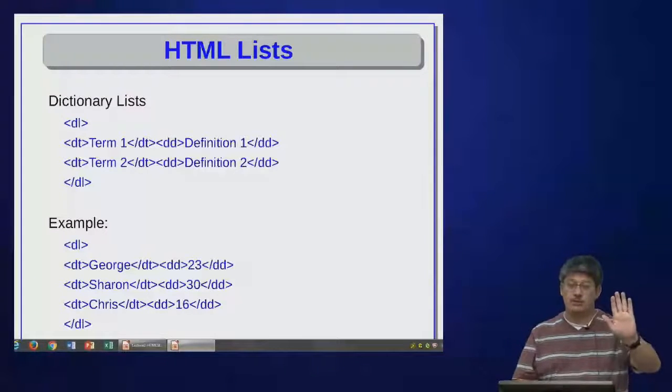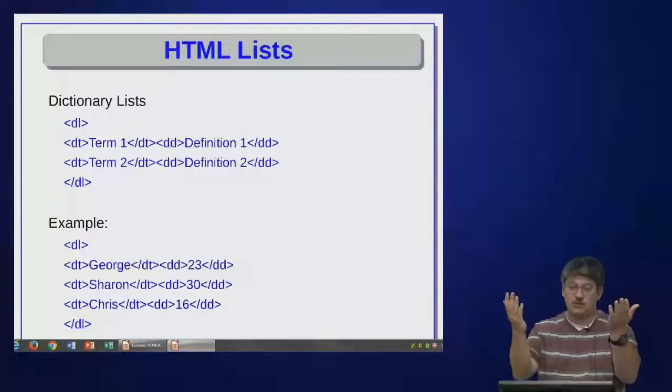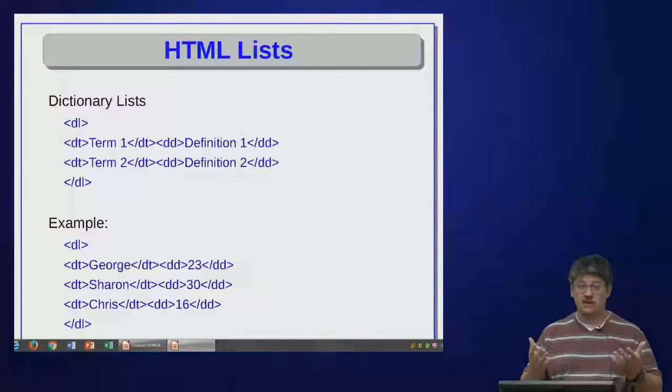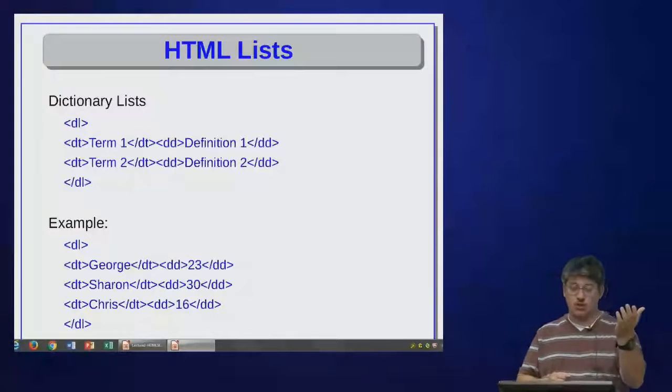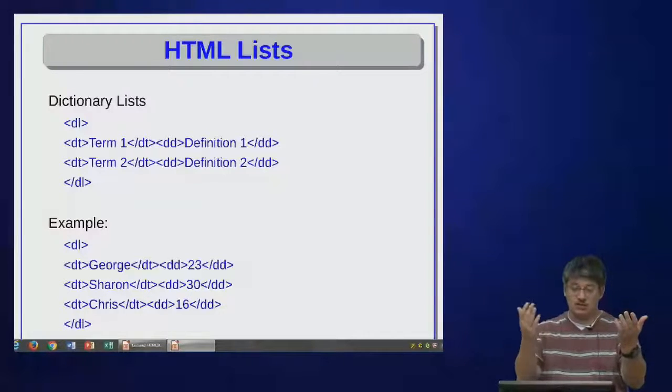So we have a term and a definition that goes with it. So in this case, I have DT term 1 /DT, and then DD definition 1 /DD. That maps term 1 to definition 1. And so they'll be displayed in a way that illustrates this relationship between term 1 and definition 1. Similarly, I have code that illustrates the relationship between term 2 and definition 2.